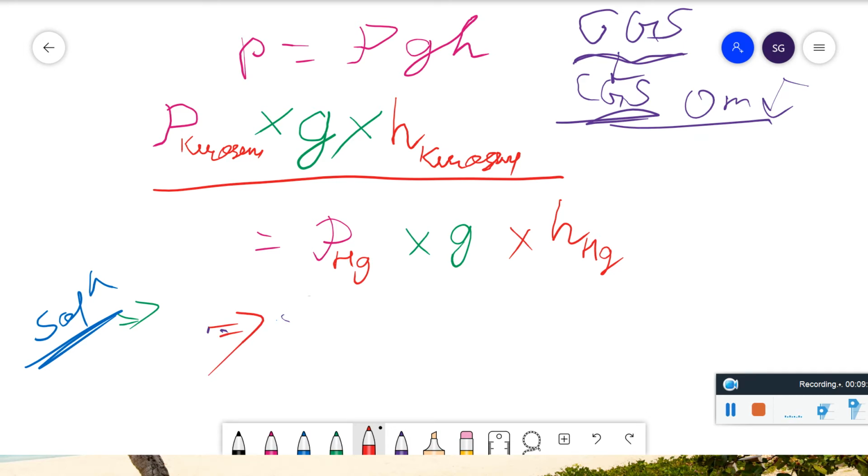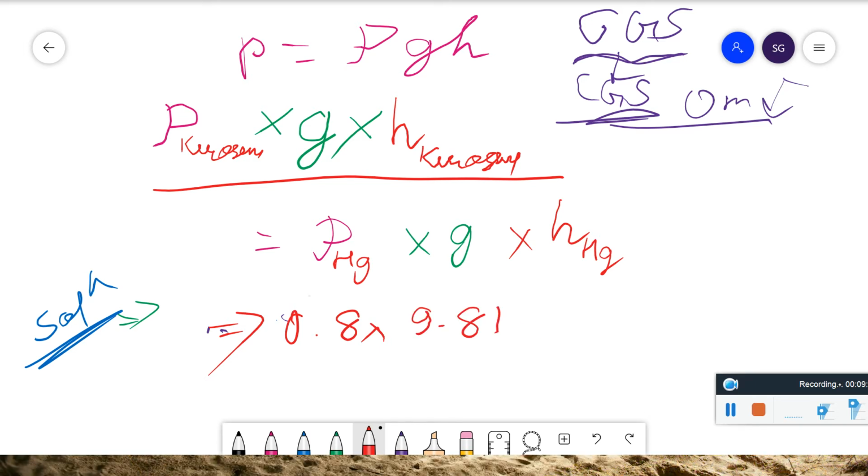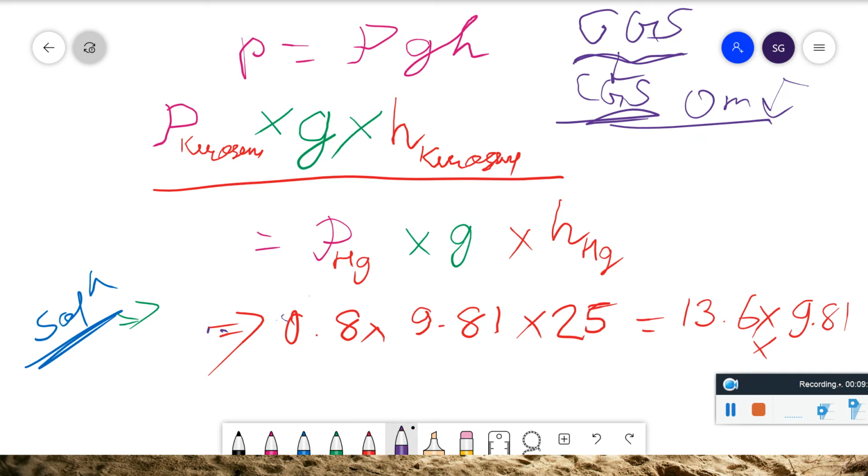Rho of kerosene, as it is given, is 0.8. This we know, g is 9.81, into h of kerosene. h of kerosene is given as 25 centimeters in the question. And rho of mercury, we know it's 13.6. We are talking in CGS unit, not MKS, so it's 13.6 into 9.81, we are taking on Earth, into h of Hg.